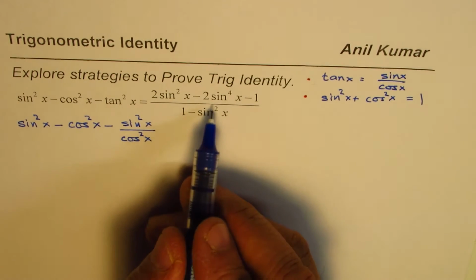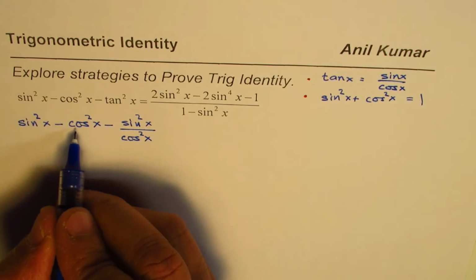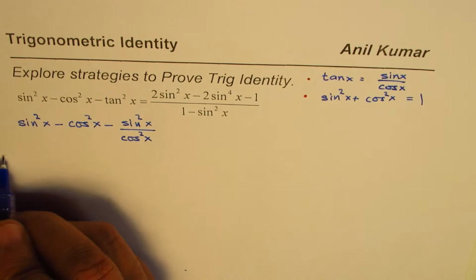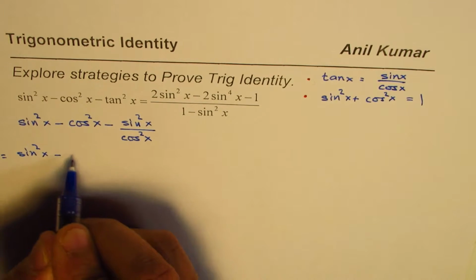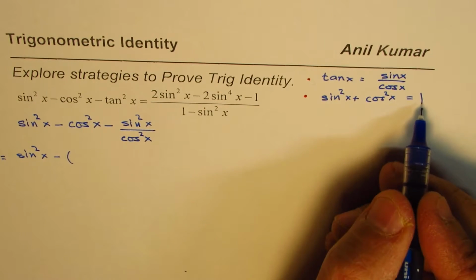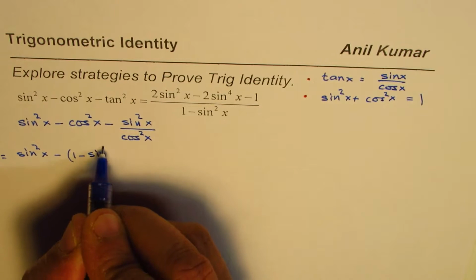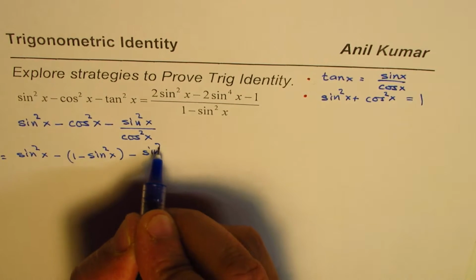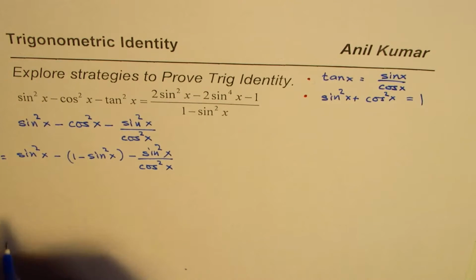If you observe, the right side is all in terms of sine. So it's a good idea to convert this cosine also in terms of sine. So we could write sine square x minus cos square x as sine square x minus, 1 minus sine square x, minus sine square x over cos square x.